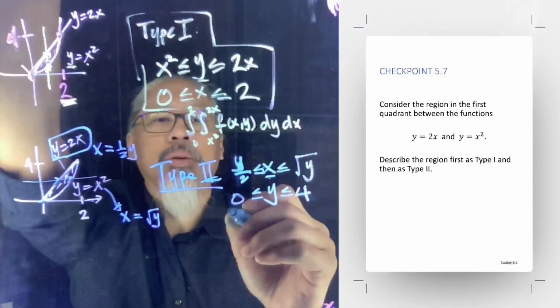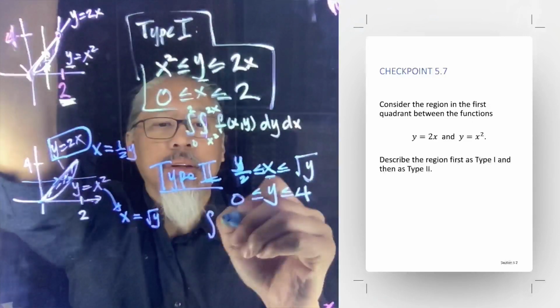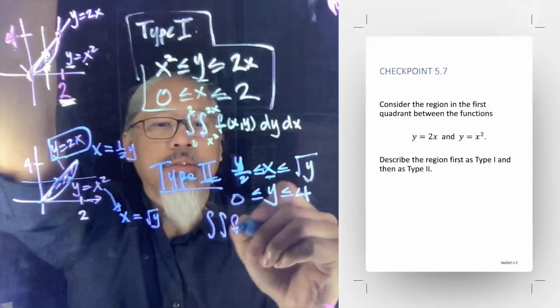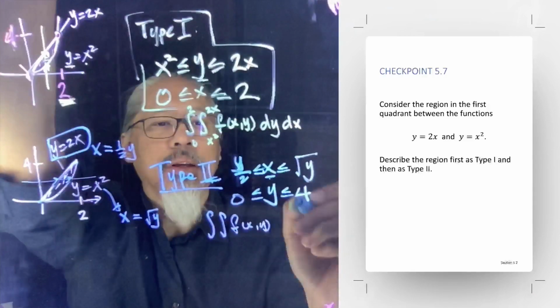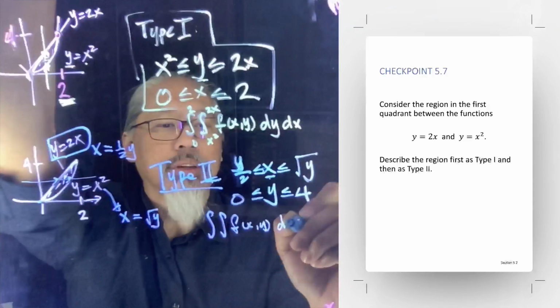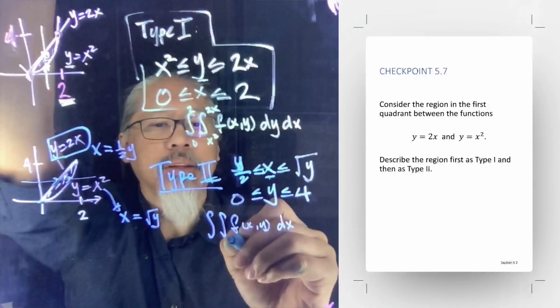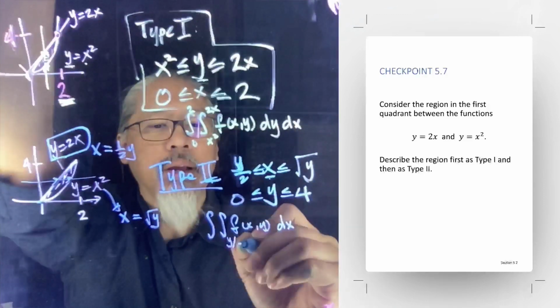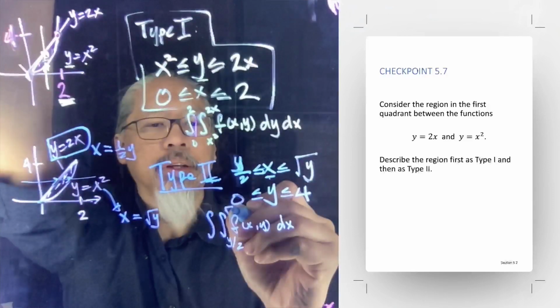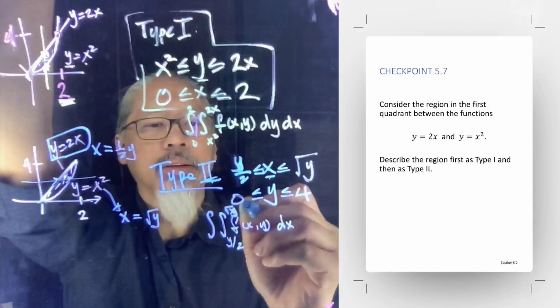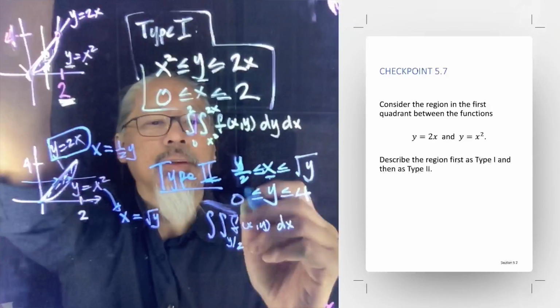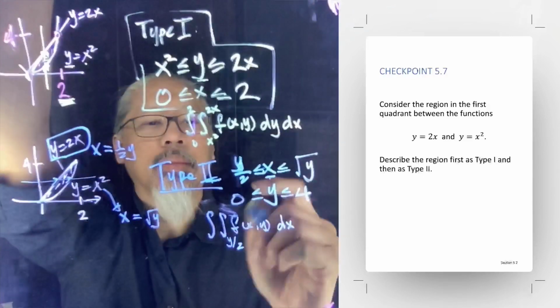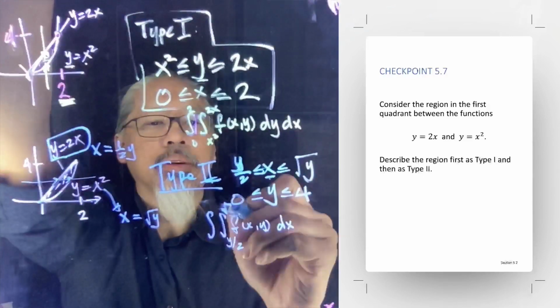And so if you were to set up this double integral of whatever function that you're dealing with, you're going to integrate with respect to x first. So this is going to be dx, and this is going to have our lower limit of y over 2 and an upper limit of square root of y.